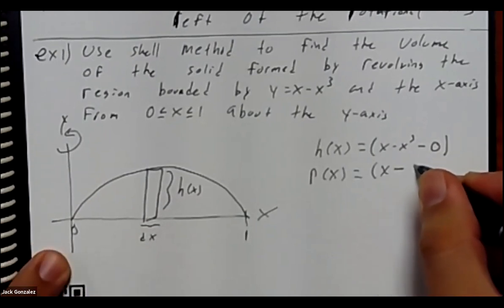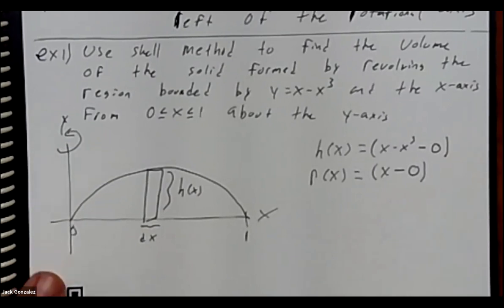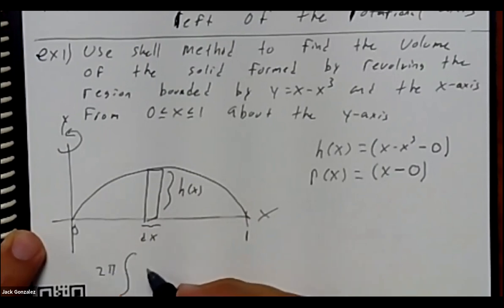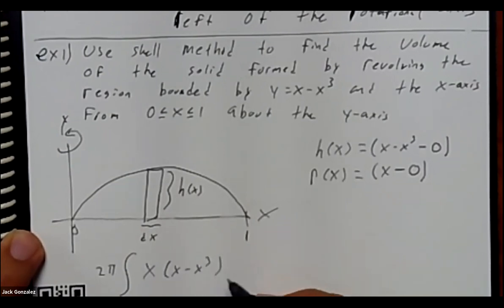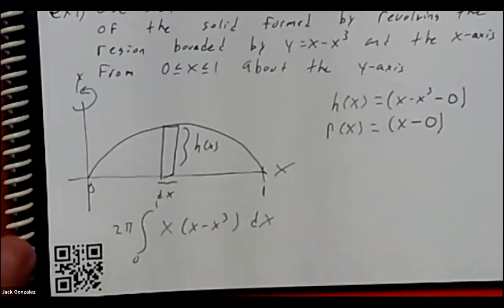So we're rotating on y equals 0. The integral will be x times x minus x cubed dx from 0 to 1. Does that setup make sense?